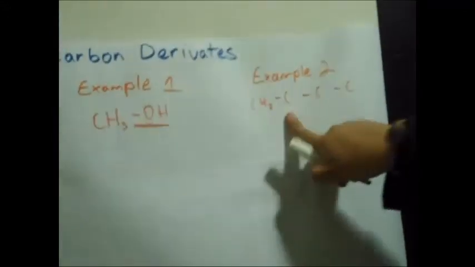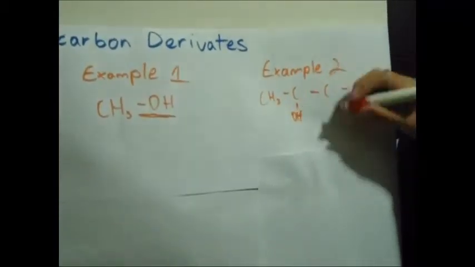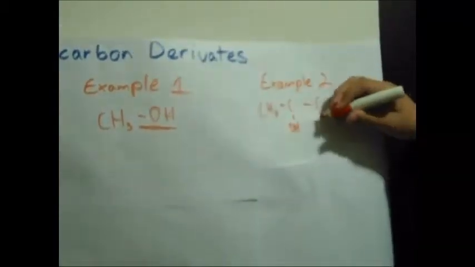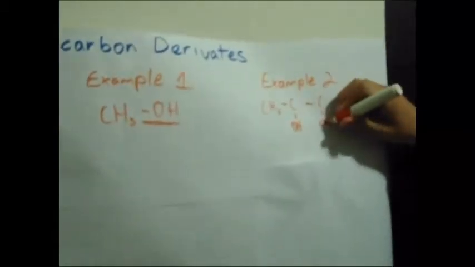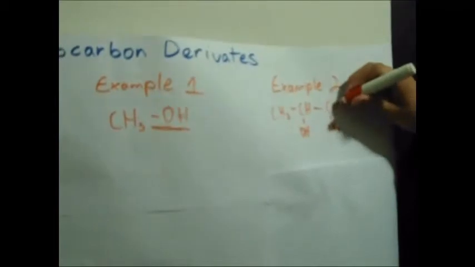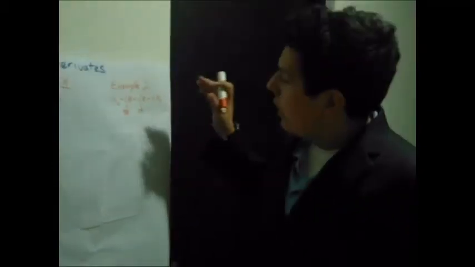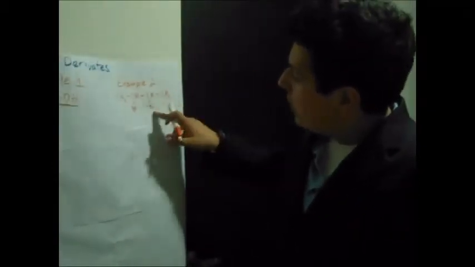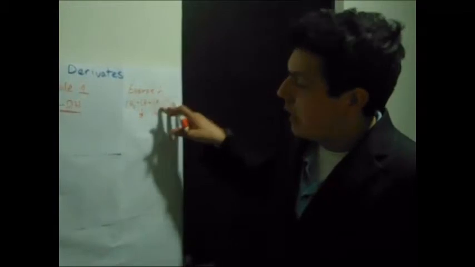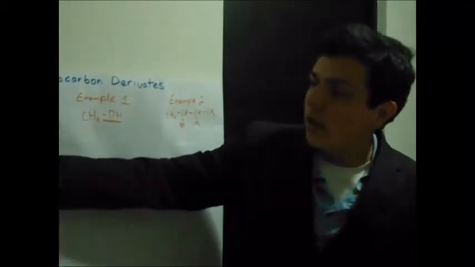In this carbon, I'm going to put the hydroxy group, the hydroxide, and in this one, I'm going to put a methyl, and then we complete it with hydrogens. This compound will be called 3-methyl-2-butanol.